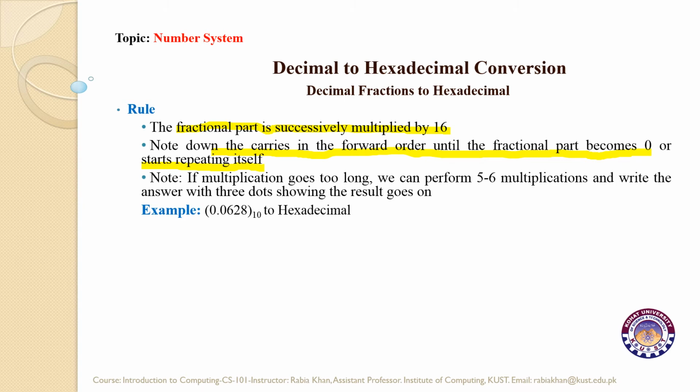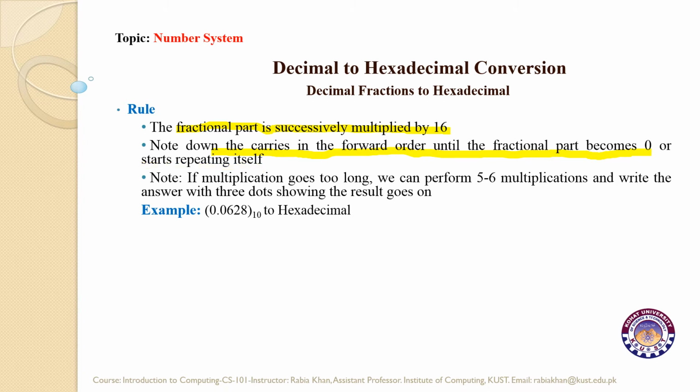Again, keep in mind, if the multiplication process is non-terminating or the result is going too long, you can perform 5 to 6 multiplications and stop there. Write the answer with 3 dots. That would show the result is going on. So let's apply these rules on few examples.